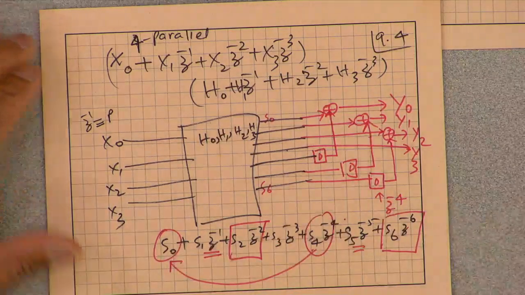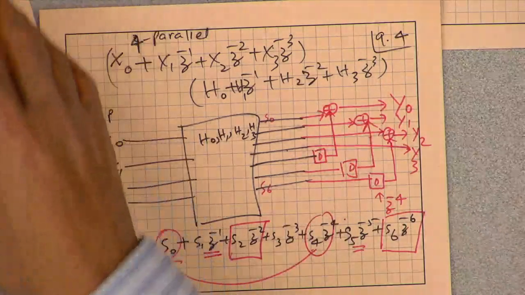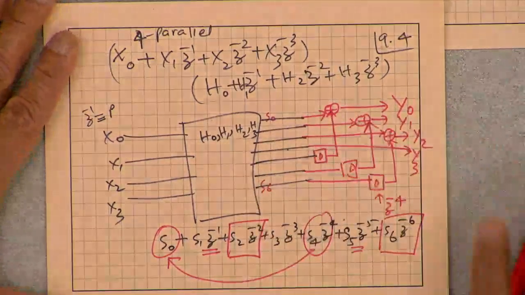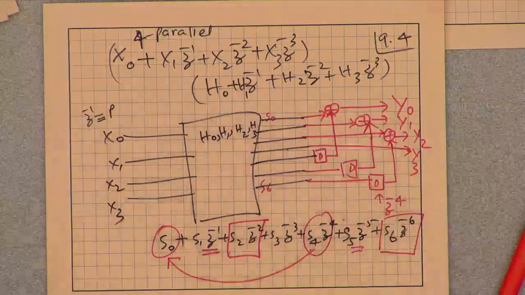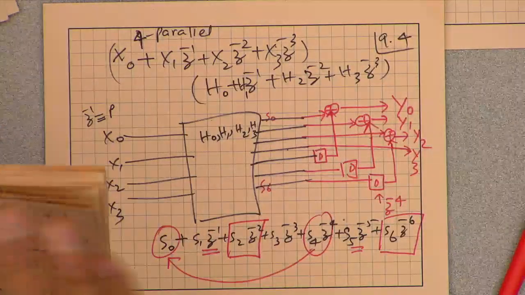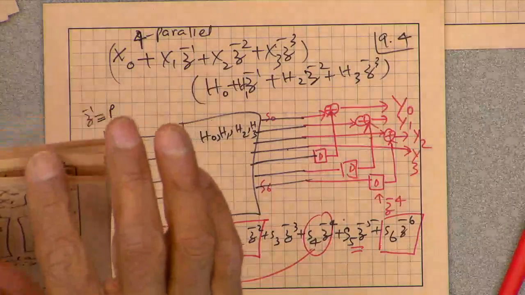Well, so the main difference between the idea like this and the transpose idea. In the transpose version, let me see if I can still find that page. I'm not sure.